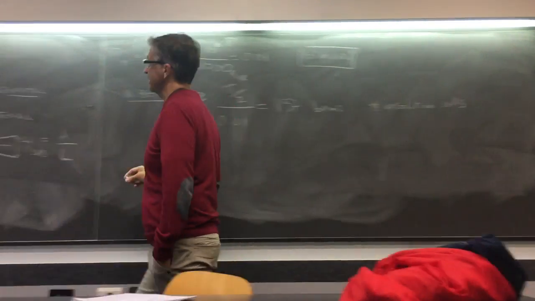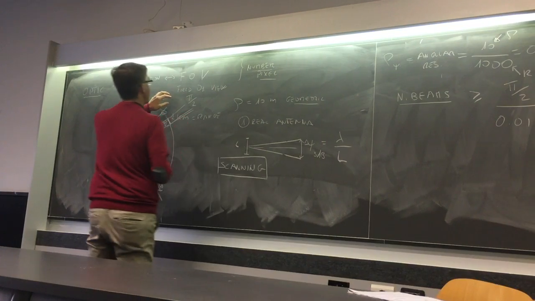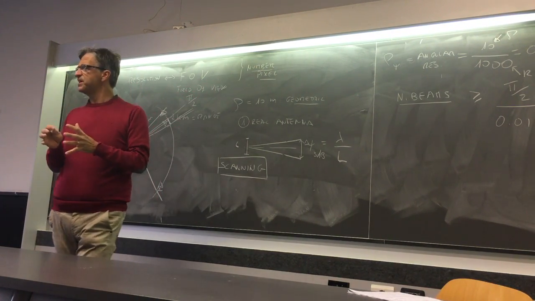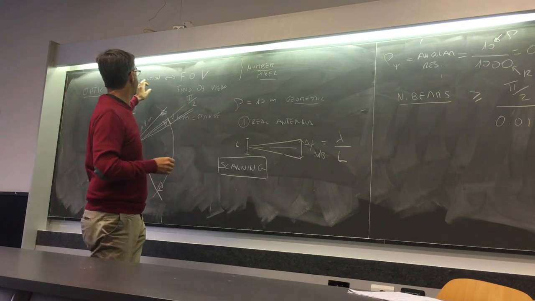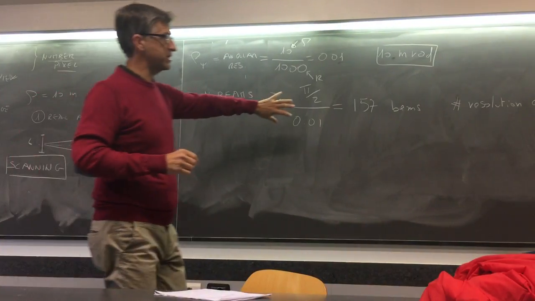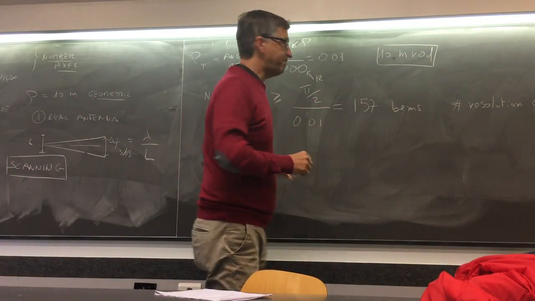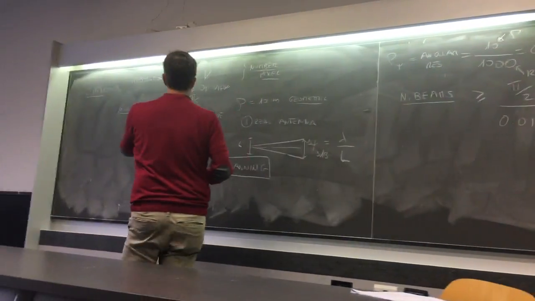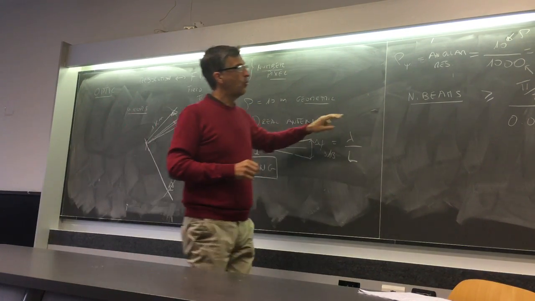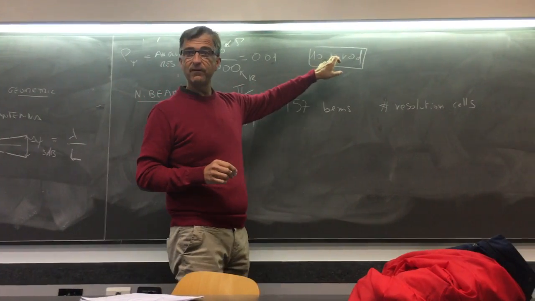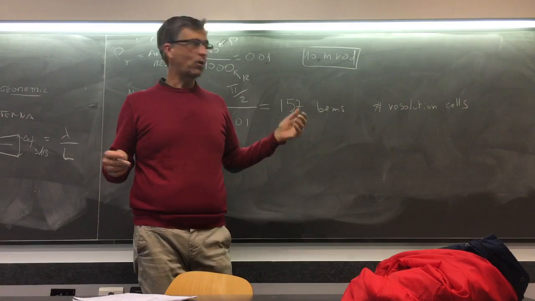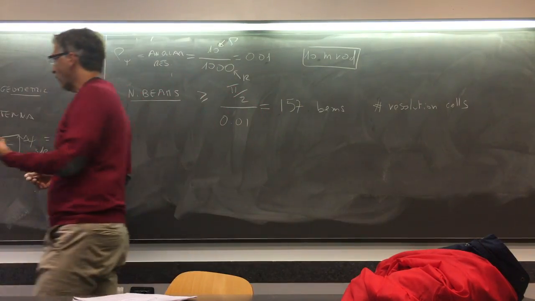When I say the number of resolution cells, the number of pixels, if a pixel is a resolution cell, this links the resolution and the field of view. I'm just writing this equation. Because if I want a better resolution, for example, 1 meter resolution, 1 meter means 1 milliradian, and for 1 milliradian I need 1,500 beams.